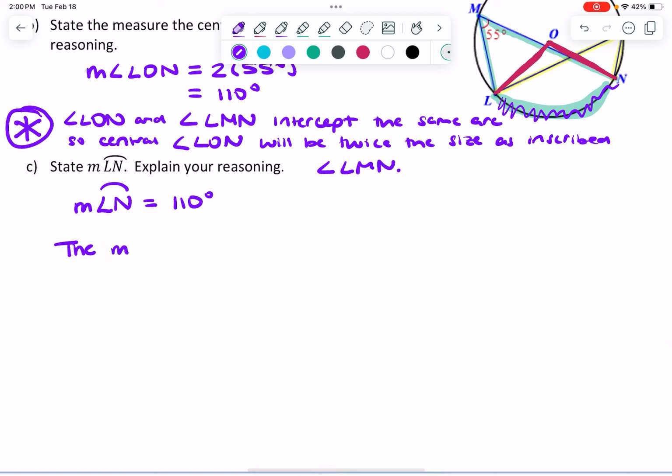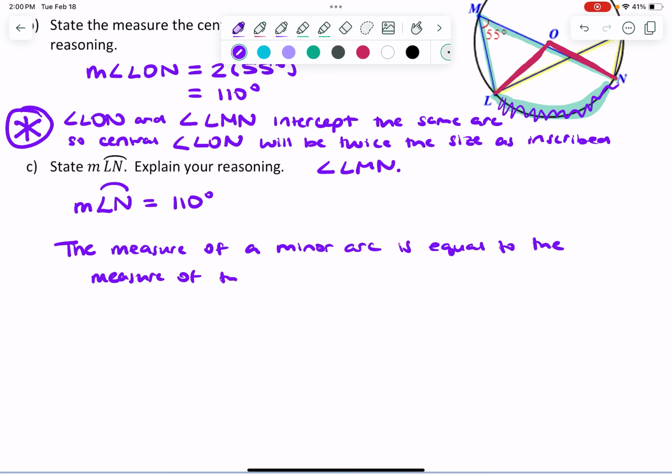So the measure of a minor arc is equal to the measure of the central angle that intercepts it.